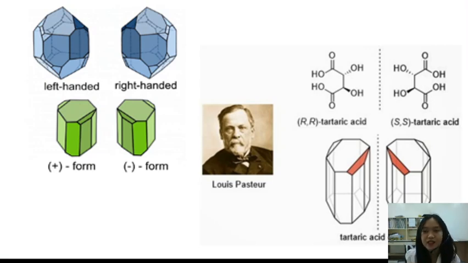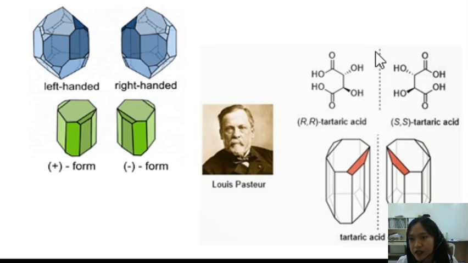Okay, you can see, these are the two crystals. So, this is the left or the negative crystal, the negative form, levorotatory, and then you have the positive form of the crystal and then the negative form of the crystal. So you have tartaric acid.